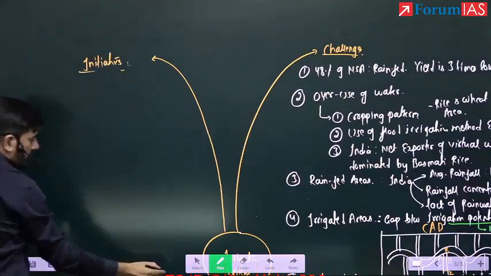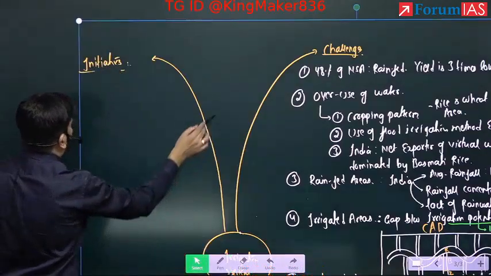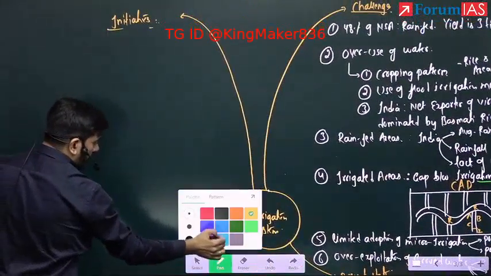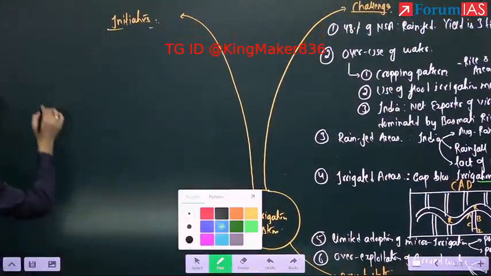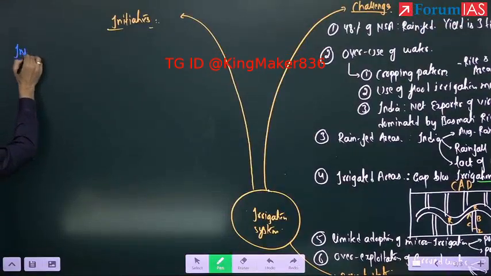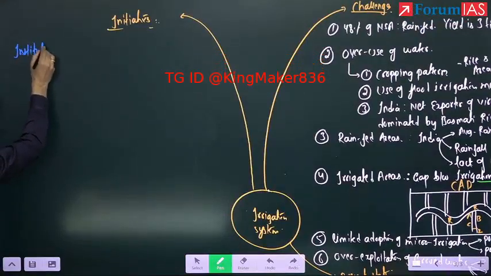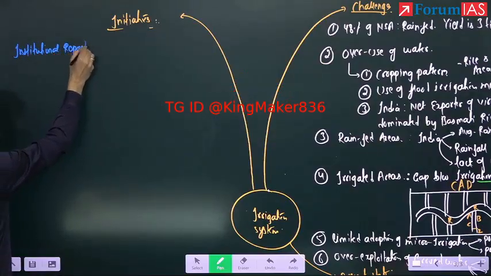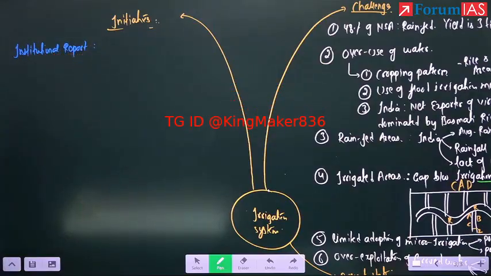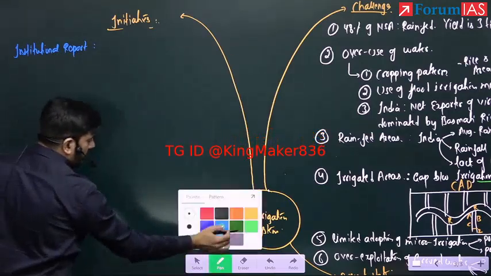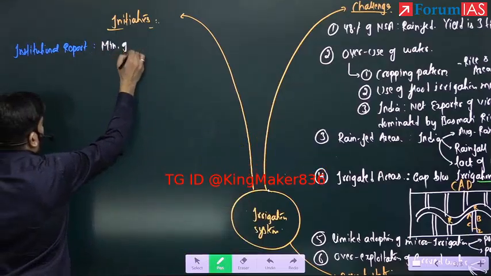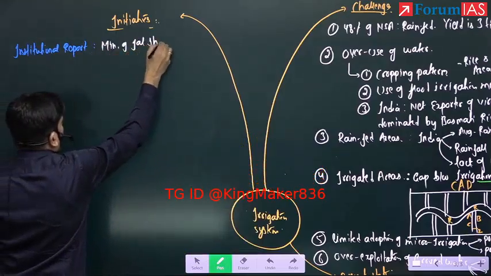Okay, with respect to initiatives, one is we have institutional support. That institutional support is in the form of a separate ministry. What is that ministry? Ministry of Jal Shakti.